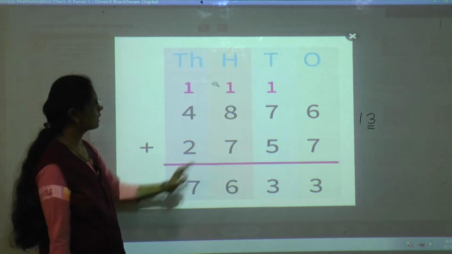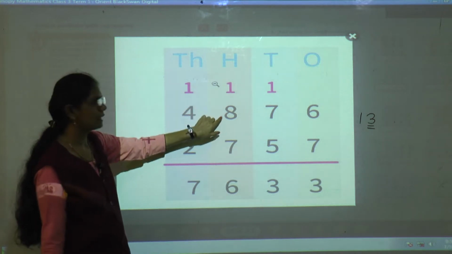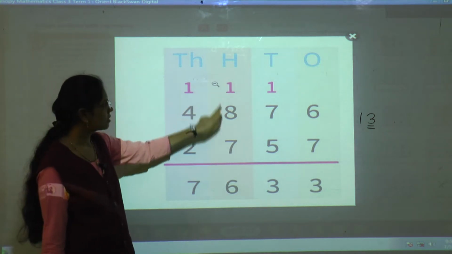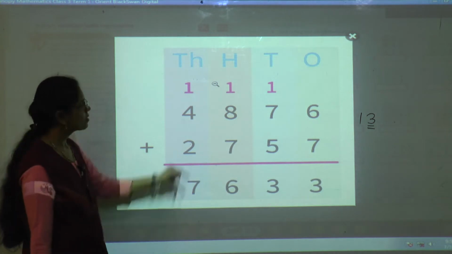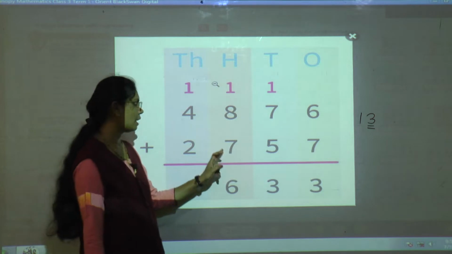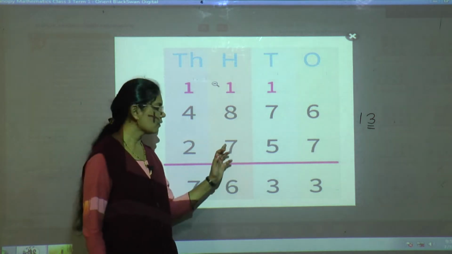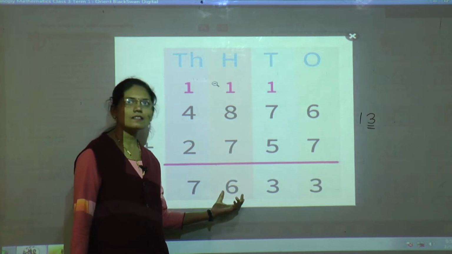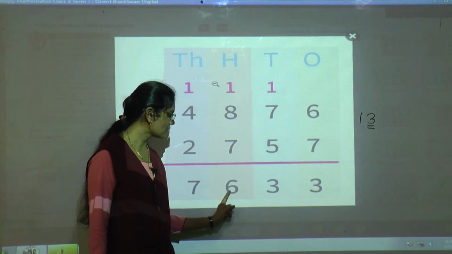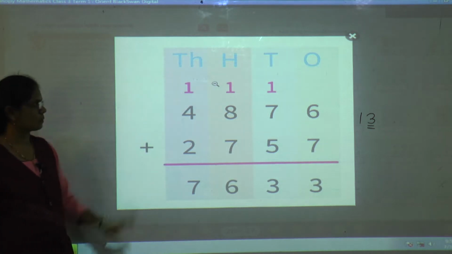Now see the hundreds place digit. At hundreds place, 1, 8 and 7. These 3 digits are there. Okay, so 1 plus 8, 9. 9 plus 7. Now after 9, count 7 fingers. So 9 plus 7, if we do the addition, we will get 16. So we will write 6 here and 1 will come here as a carry at thousands place.